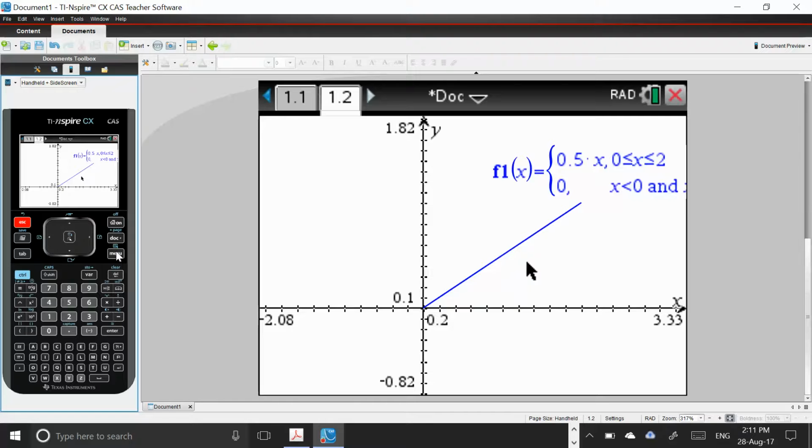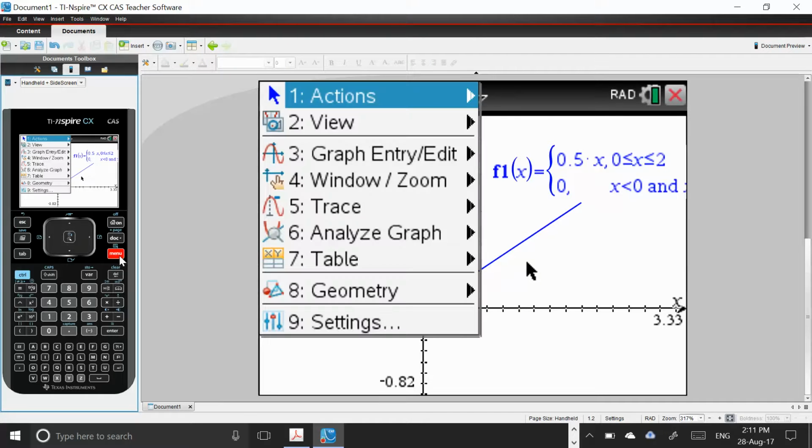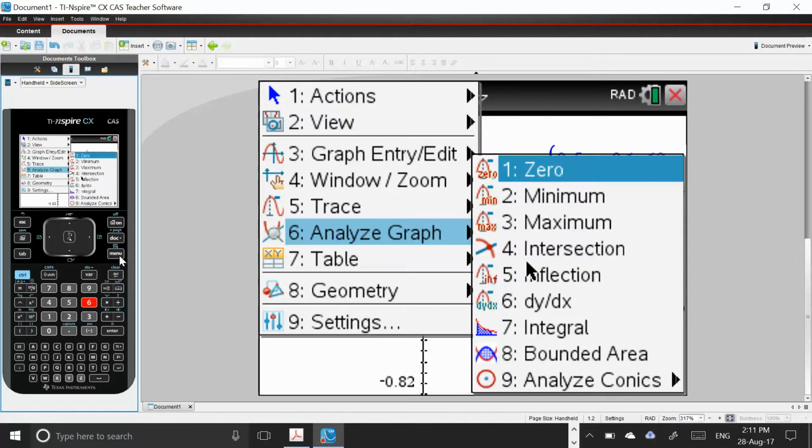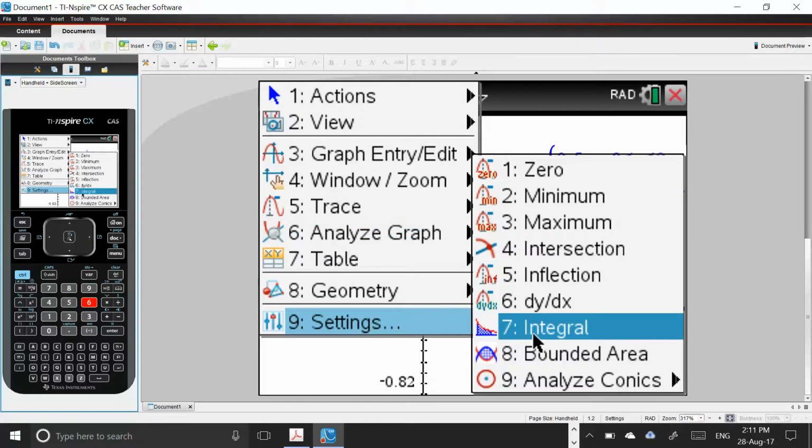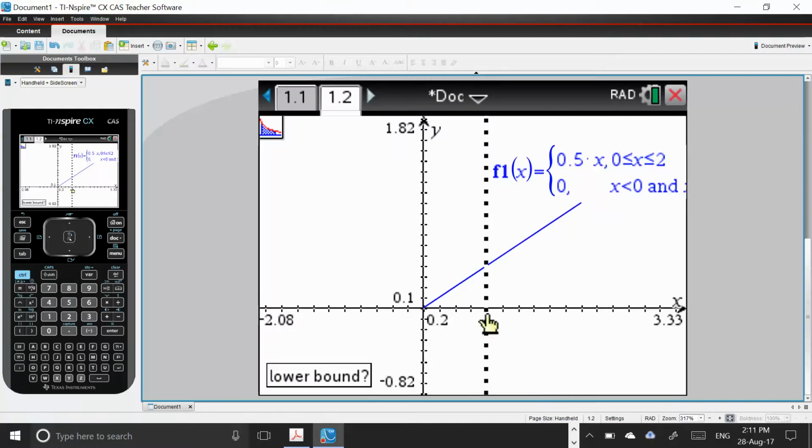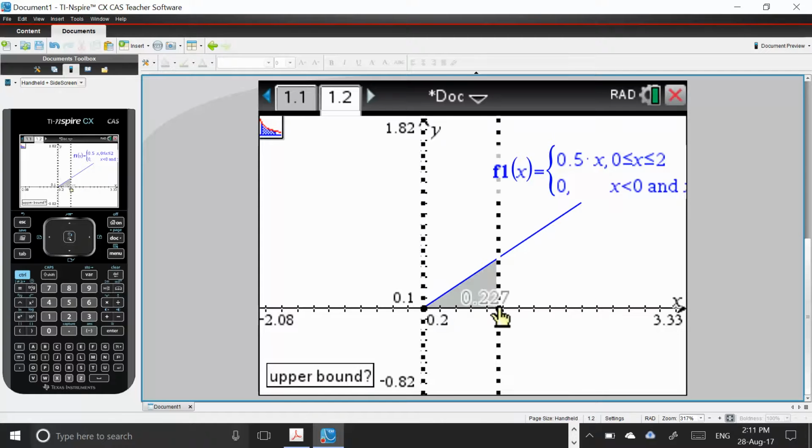Anyways, here we are. We've got that, and you want to find the area. You can do it in your analyze as well. You can go analyze, and you can do integral. Integral means find the area under that curve, so you can do integral all the way to the end point.